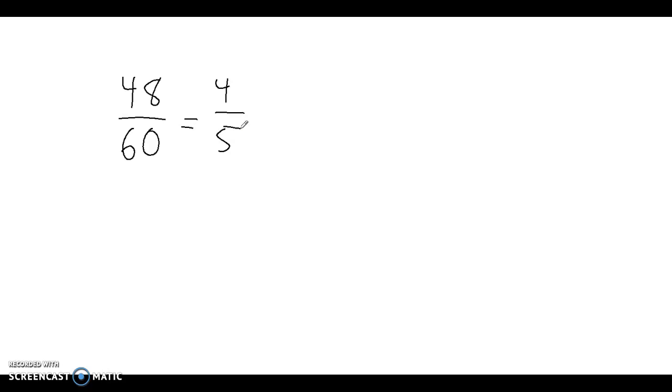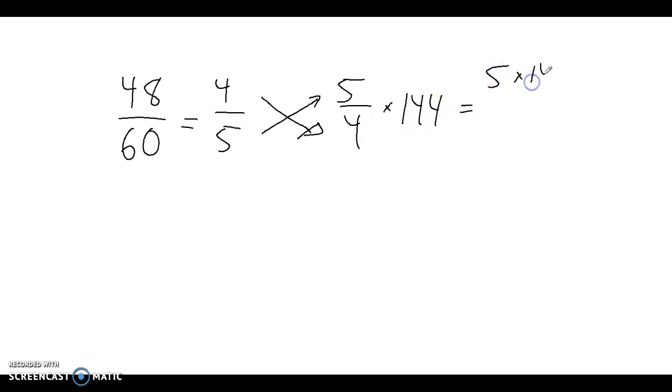So if you can only do 48 miles per hour and you have 144 miles to go, then we're going to flip this over and say, what's 5/4 times 144? Well, that's going to be 5 times 144 over 4. I think we decided that 144 divided by 4 is 36.